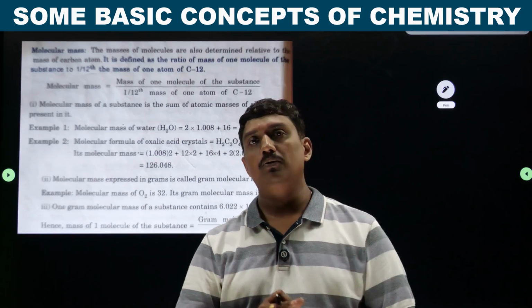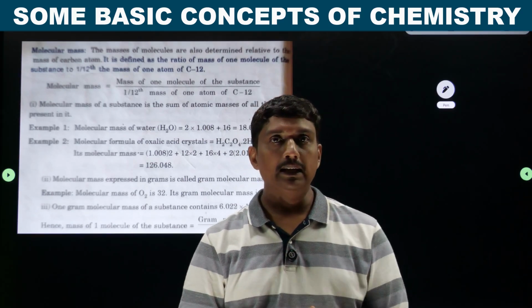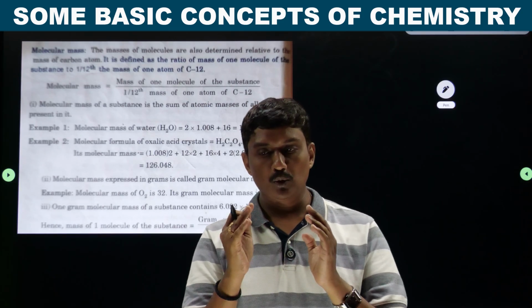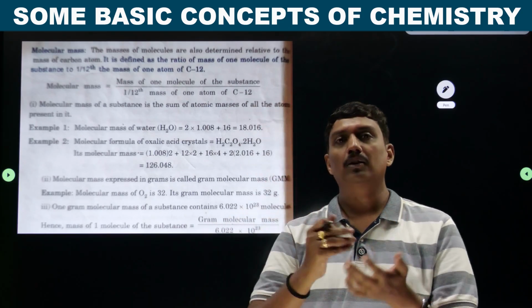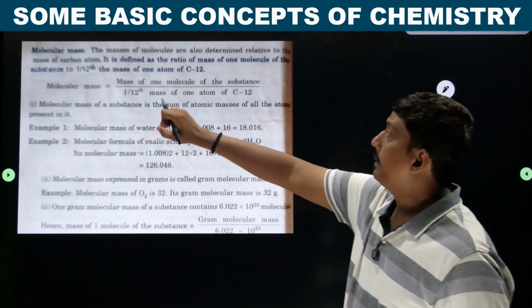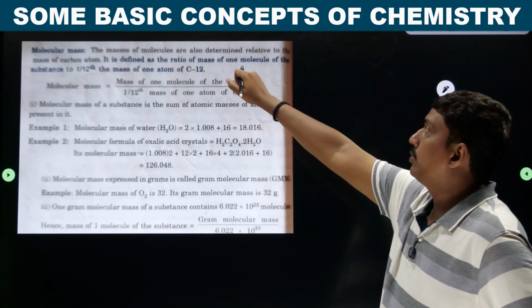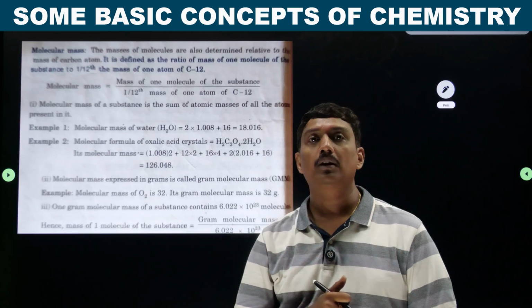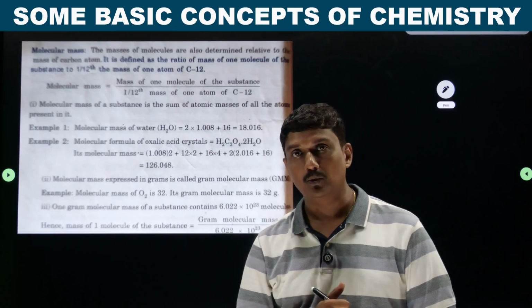What is the meaning of molecular mass? It is similar to atomic mass, but you are expressing the mass of a molecule. The mass of a molecule is also determined relative to the mass of carbon 12 isotope.